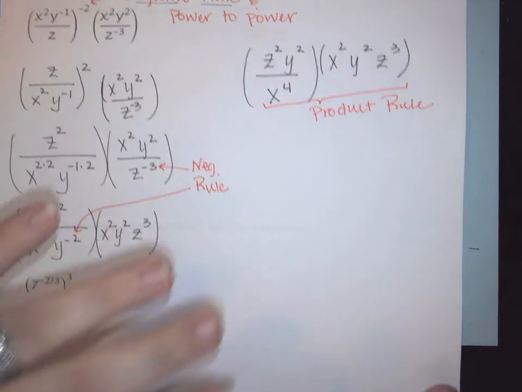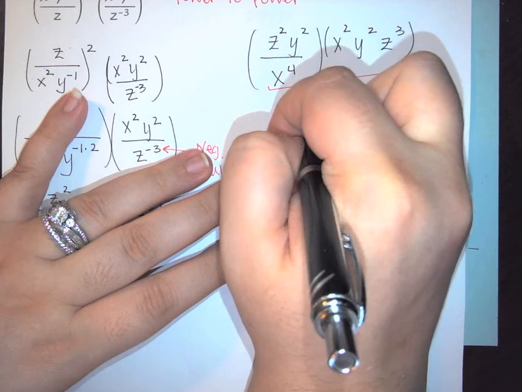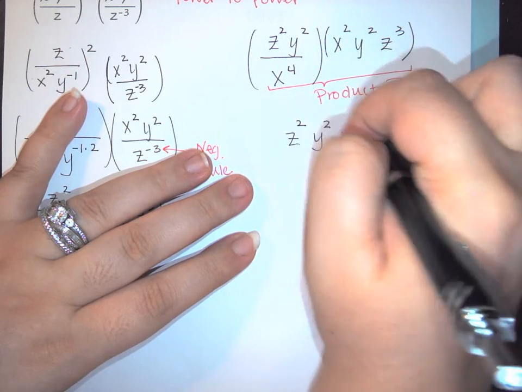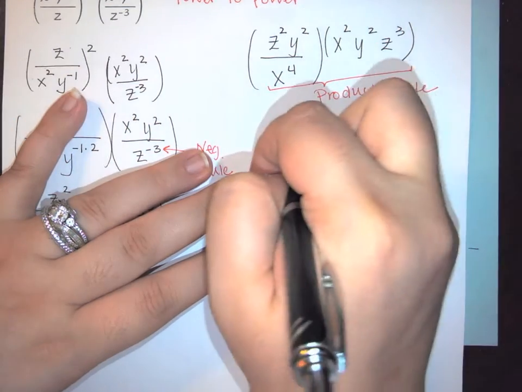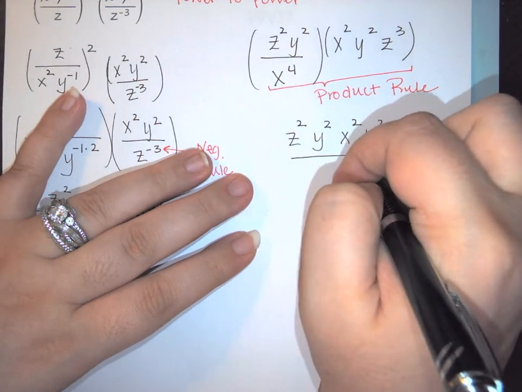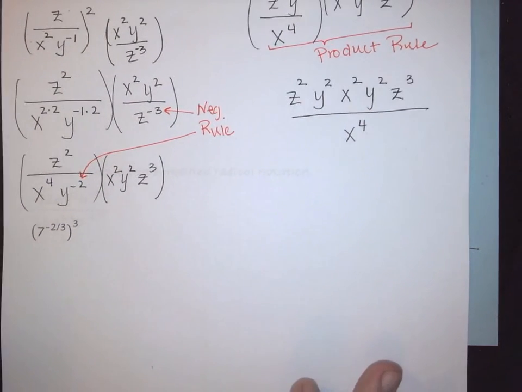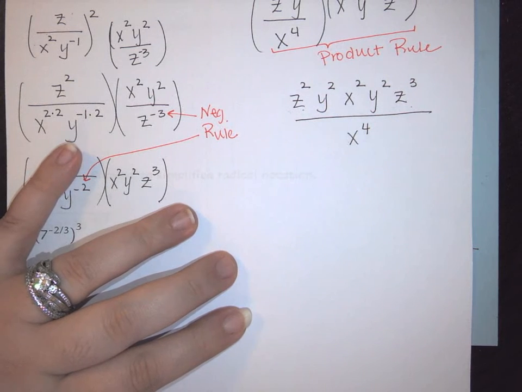So we're going to multiply everything straight across. So this is going to become z squared, y squared, x squared, y squared, z cubed, and the whole thing is over x to the fourth. So I have z squared times z cubed.